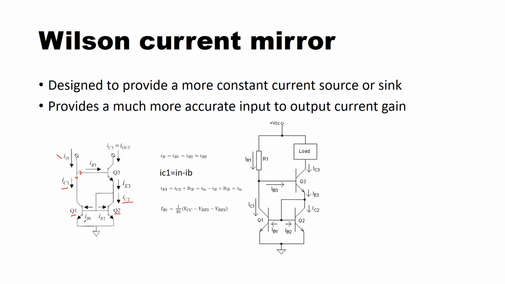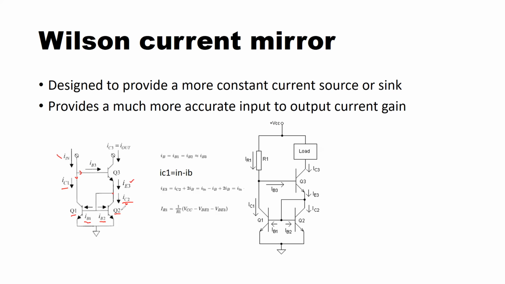Therefore, currents IB1 and IB2 are also equal. And then we know that IE3, the emitter current of transistor Q3, is equal to IC2 plus 2IB. We are just applying KCL here.